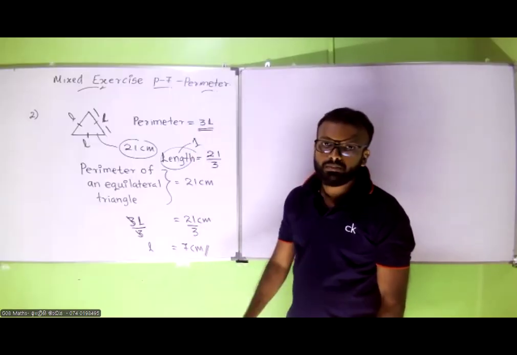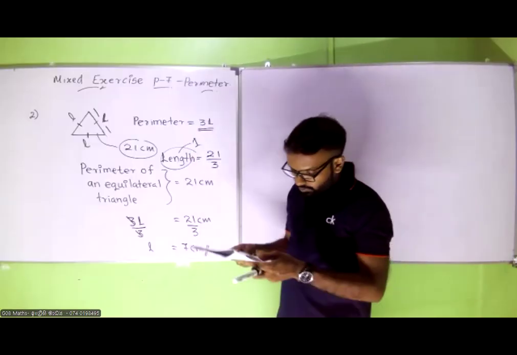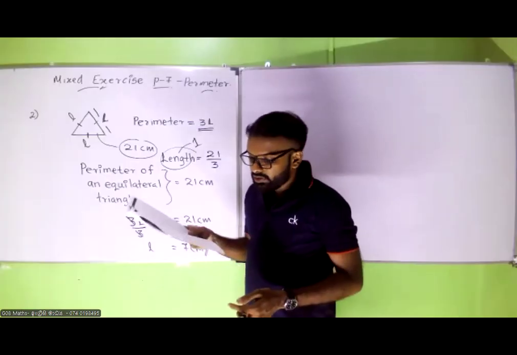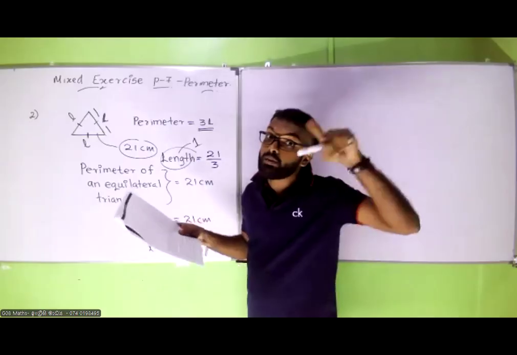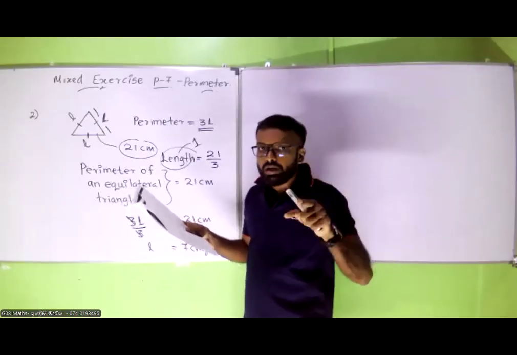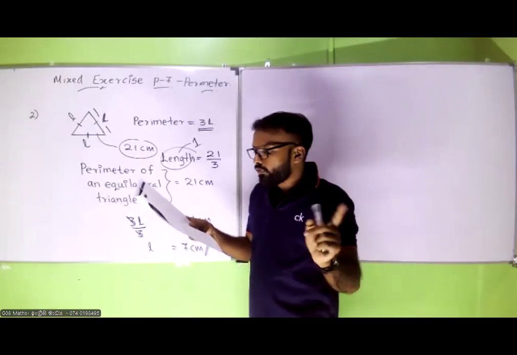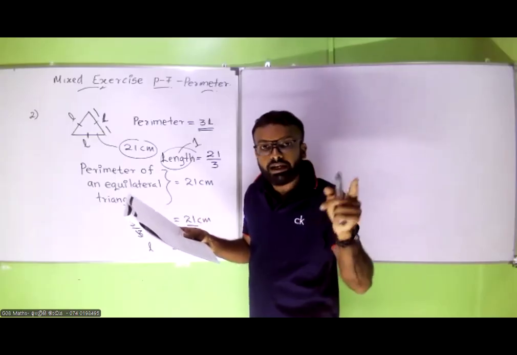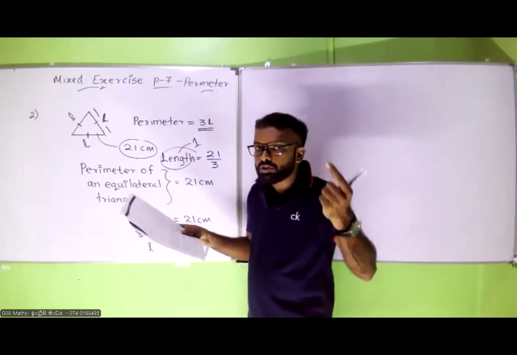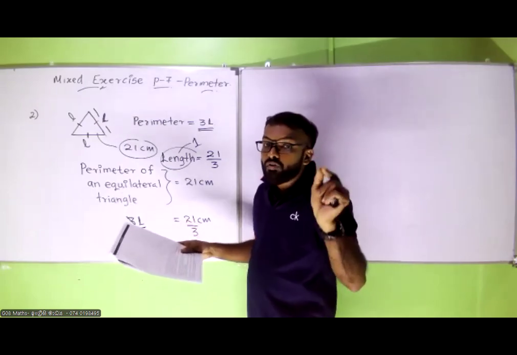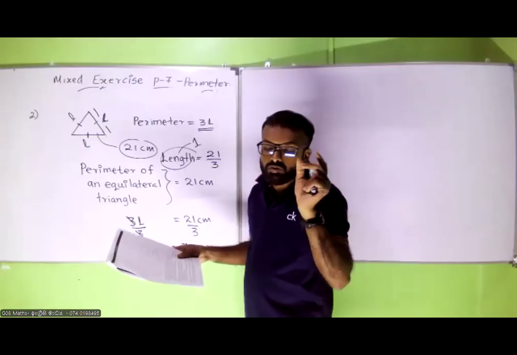So this is right. The next one is also the same. The third one: the perimeter of a piece of cardboard of a square shape is 28 centimeters. Find the length of a side. 28 needs to be divided by 4, because a square has 4 sides.